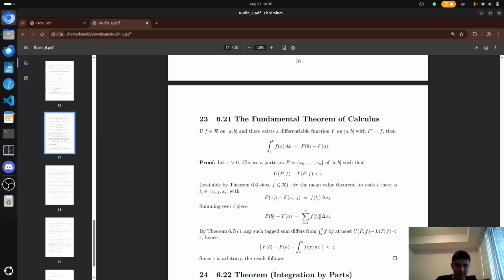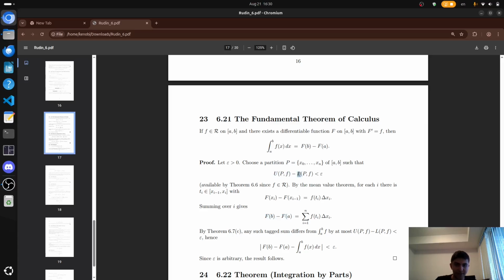F(b) minus F(a) over here is this sum over here. Now this sum, when you take the supremum, is going to be this thing over here. So you can replace this F(b) minus F(a) with U(P,f).